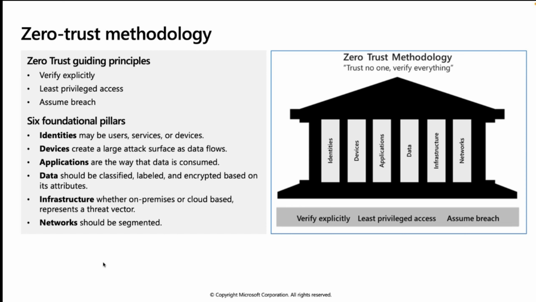All right. So security typically here has 6 foundational pillars. Identity. So this can be a user, it can be a service, and it can also be a device. So I've got my phone connected to Microsoft 365, for example. So I can manage not just users, but I can also manage devices as well, which is very cool.